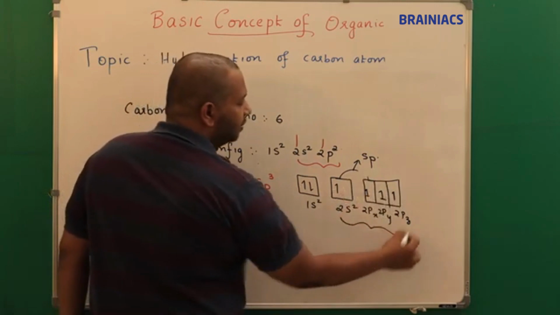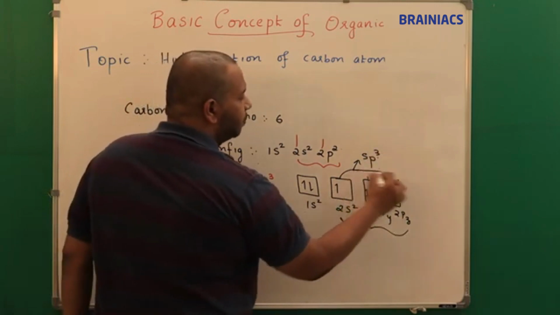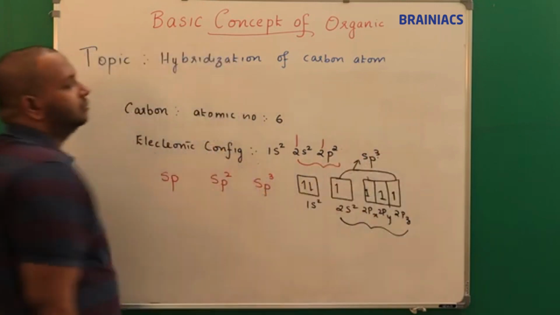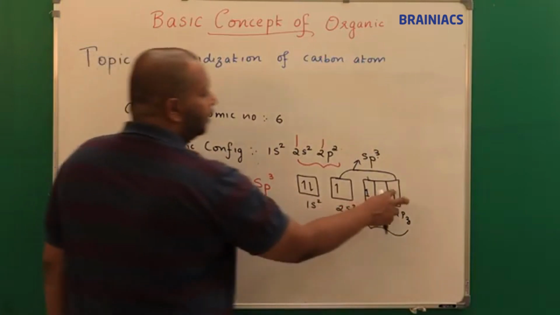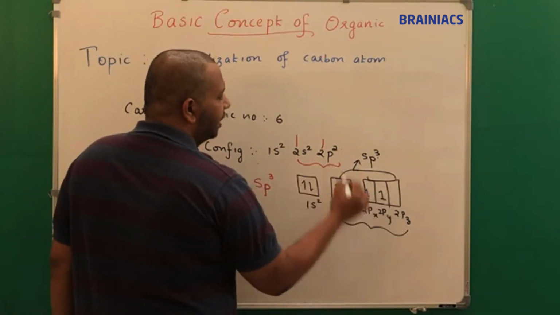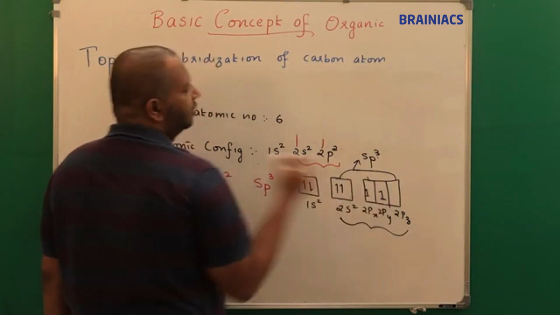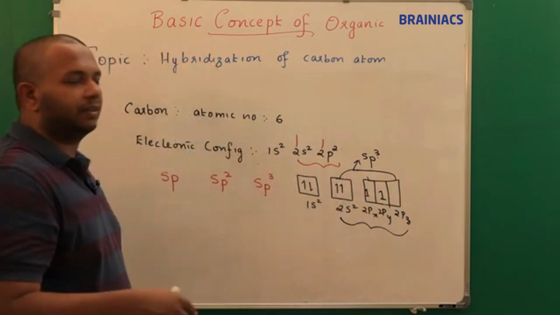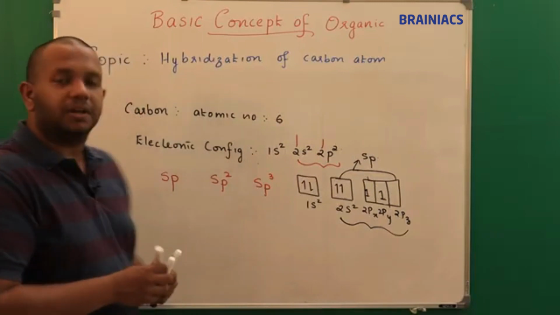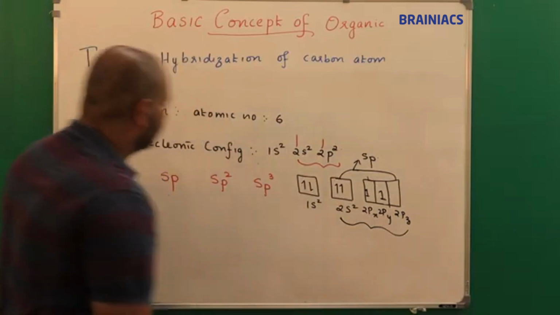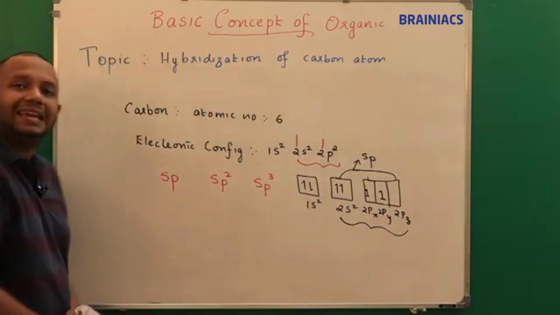So totally this will form sp3 hybridization. Understood? Likewise, if it is maintaining like this, s, p, p, then it is sp2 hybridization. So basically, the carbon can form three possible hybridizations, that is sp, sp2 and sp3.